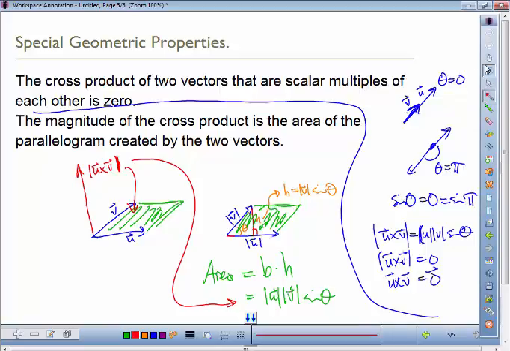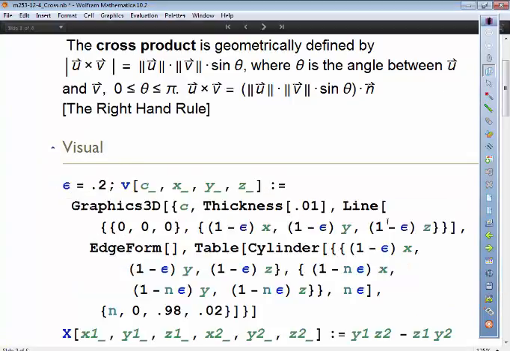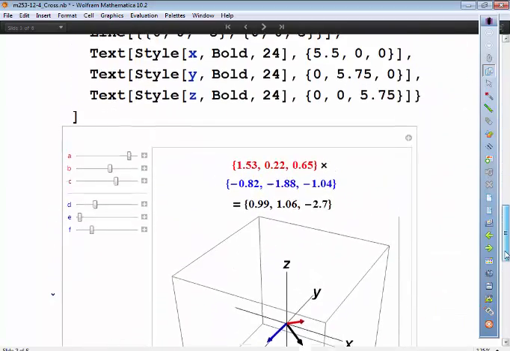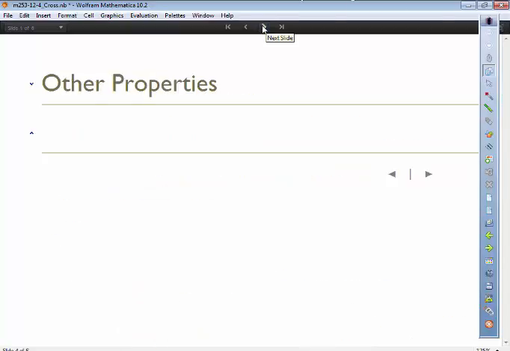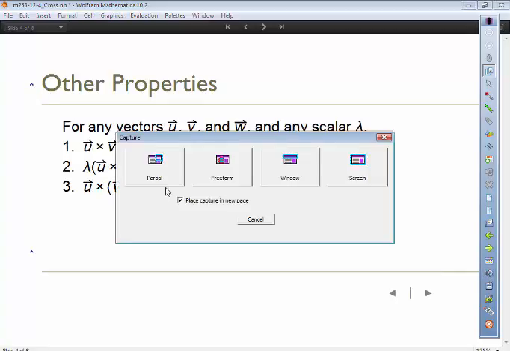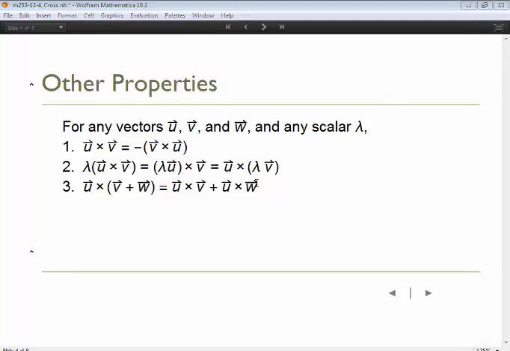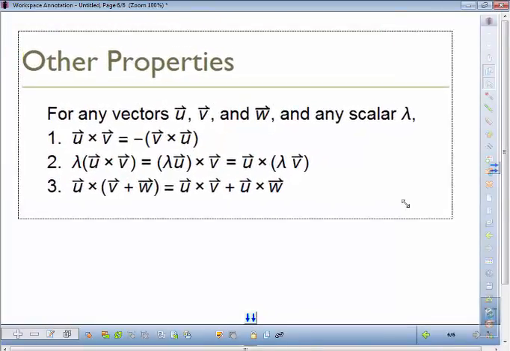All right. There should be a handful of algebraic properties as well. Now here's a visual. All right, some other algebraic properties for the cross product that might be useful. Well, the first one is the anti-commutativity that we've already talked about.